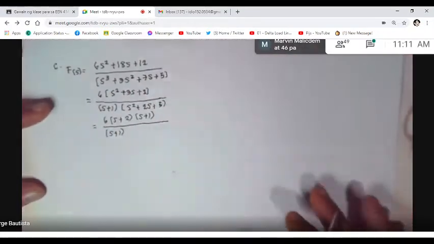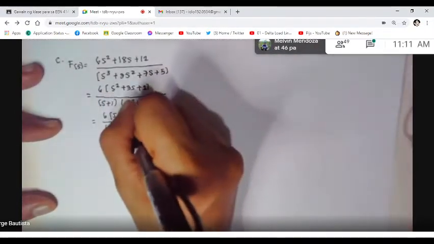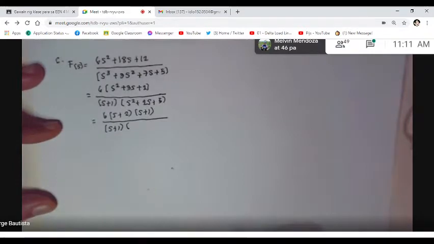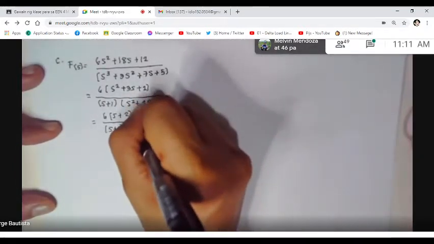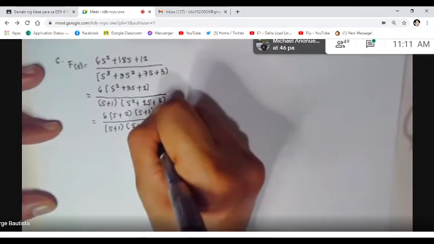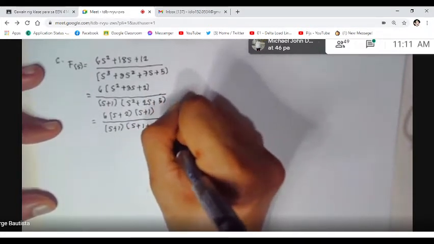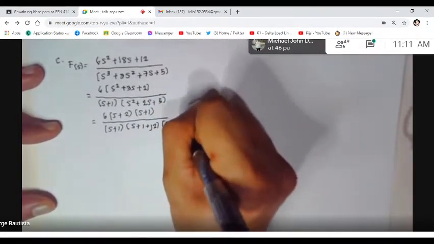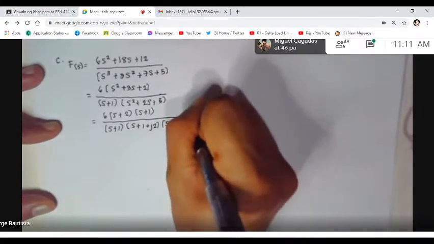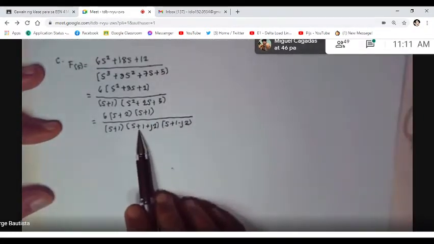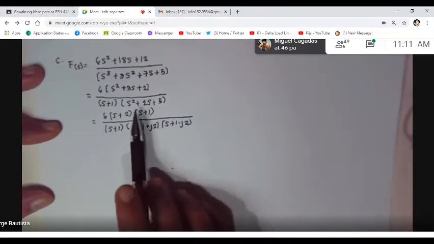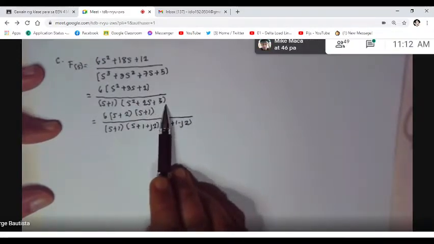So that is, ang root niyan ay, using the completing the square, that is S plus 1 plus J2 and S plus 1 minus J2. Okay, pakicheck na lang to. Okay, so pag minultiply mo yan, isa-isa lalabas, S squared plus 2S plus 5.